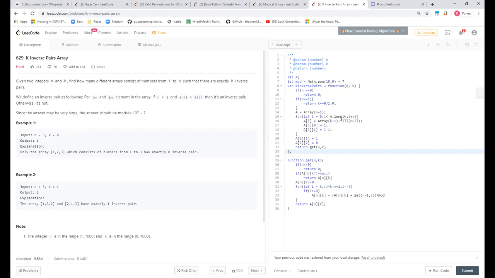I'm thinking if there could be a 2D DP table made with N and K as parameters. I'm building it, and it's following a simple summation pattern.